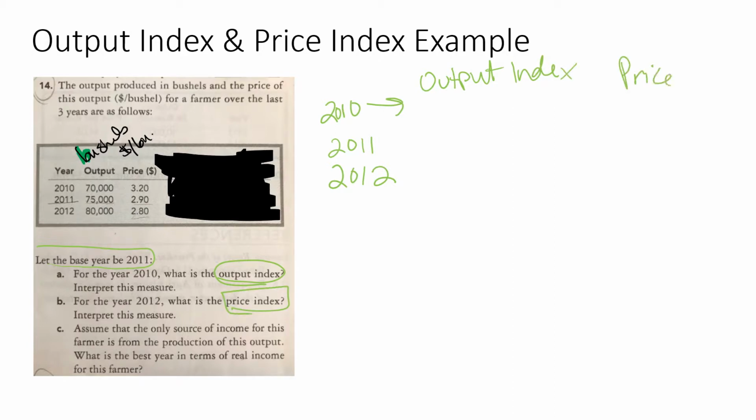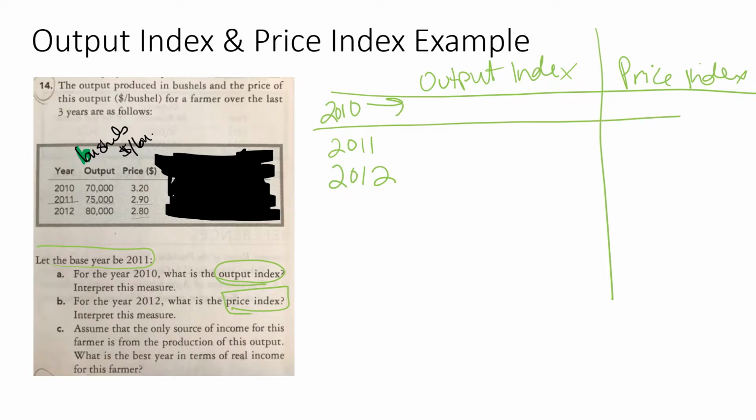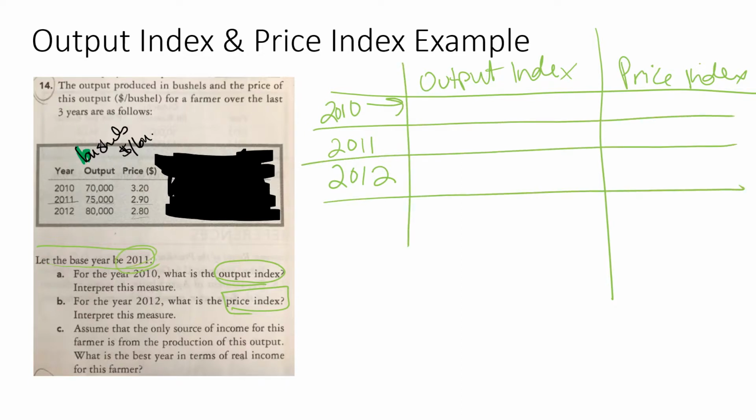So I'm going to put that in here right now. Okay, they already told us that the base year is 2011. Immediately when you know what the base year is, the index is 1.00, whether we're talking about output or price. Okay, that's also 100%. So our other two measures are going to be compared to 2011.